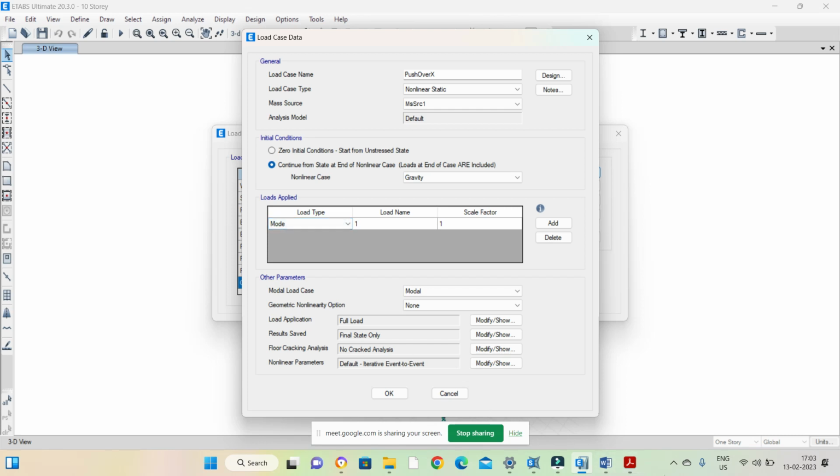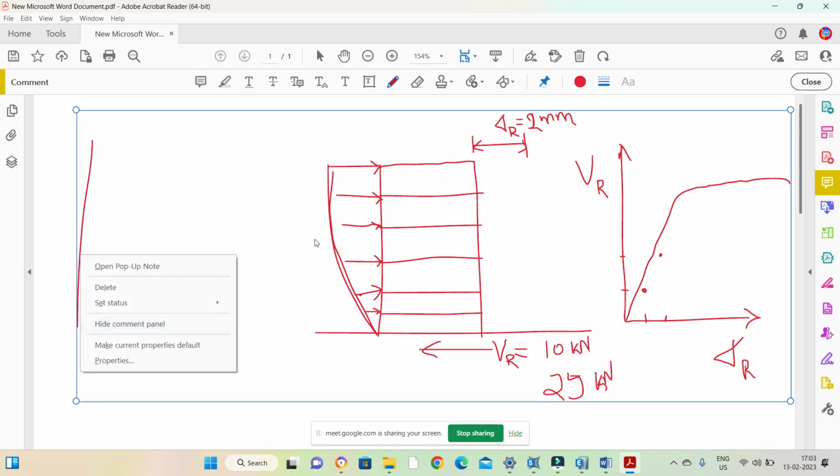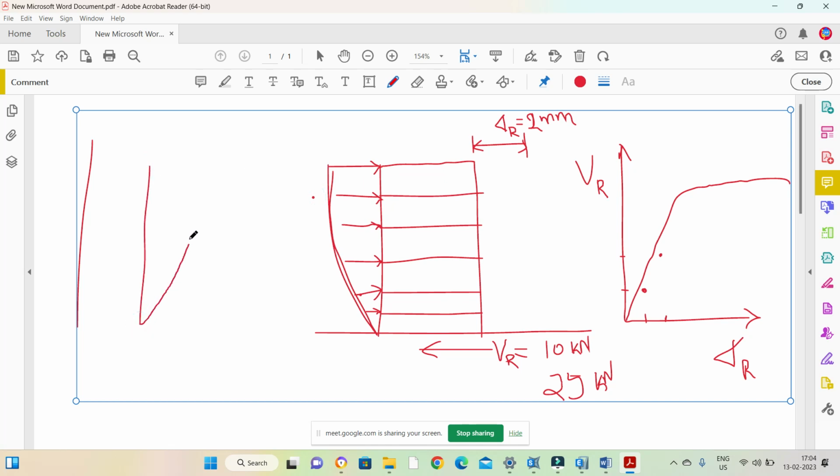It means the load pattern will be taken from the mode shape. For example, your first mode shape is like this. Suppose this is your structure, and this is the mode shape. So the load will be applied in terms of this shape if you choose the mode shape. So that was the meaning.